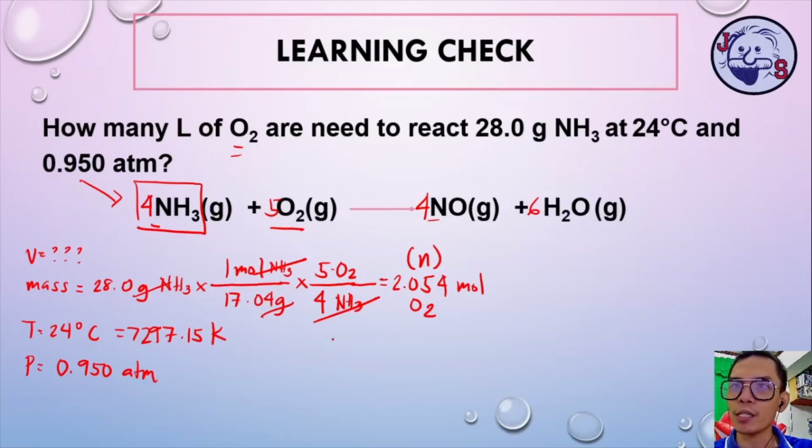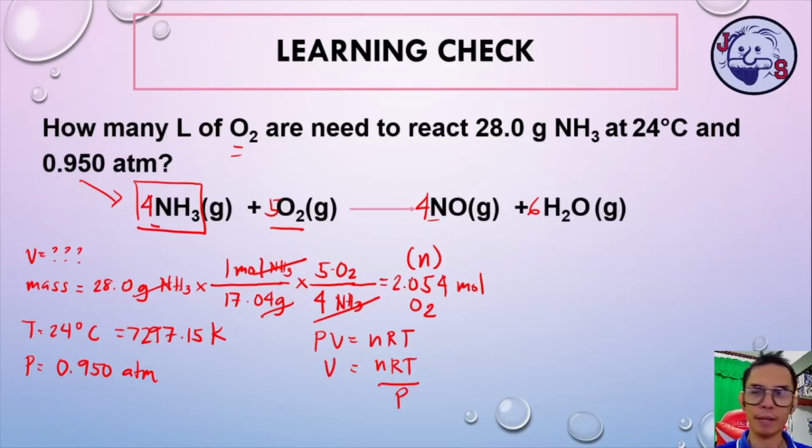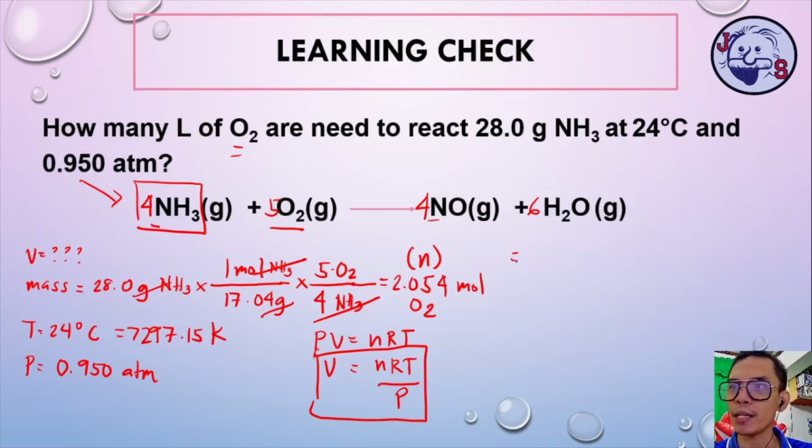Using this equation, PV is equal to nRT. Since we are looking for the volume, volume is equal to nRT over P. This is our formula, so let's plug in everything.